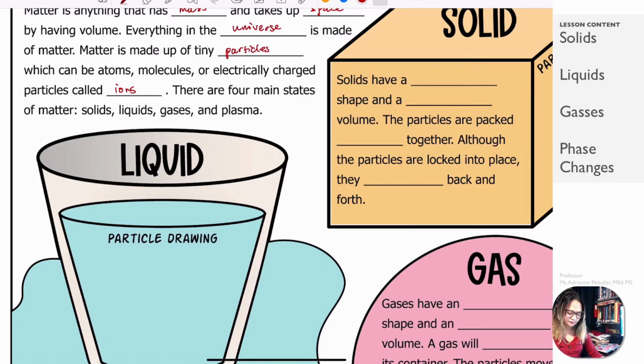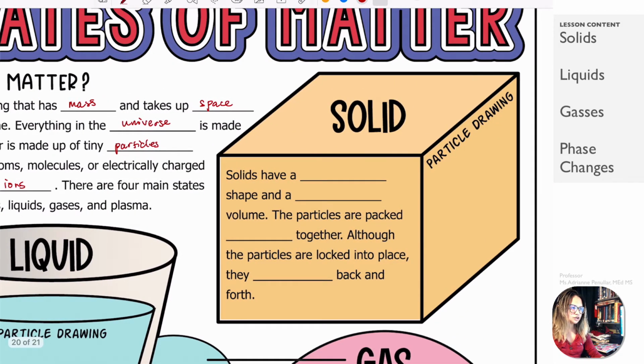Start with solids. Solids have definite shapes. Okay, so take a look in here, the shape that we have, and a definite volume. They don't just change volumes really easily.